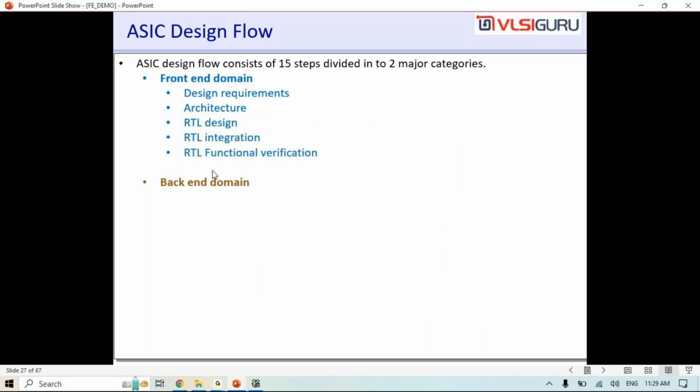Next, what do you have? RTL functional verification. Whatever coding that is done. See, RTL means register transfer level, which is done using which language? Verilog. Whether that coding is done properly or not is checked by functional verification. If you don't check it, what is going to happen? Tell me.